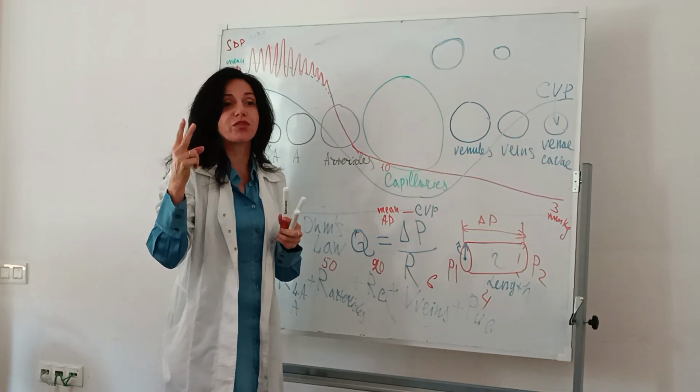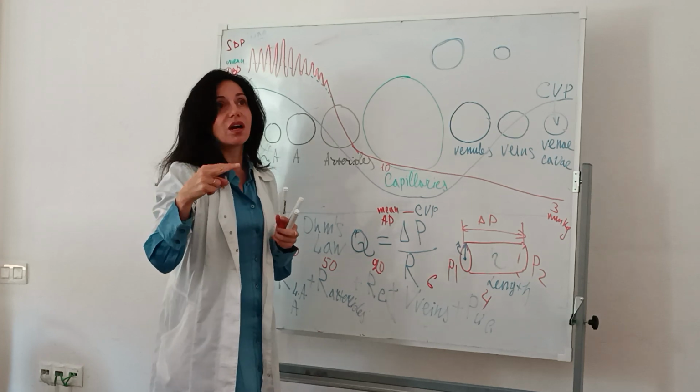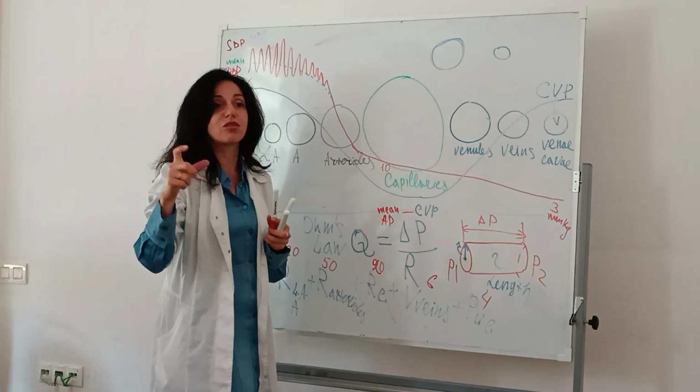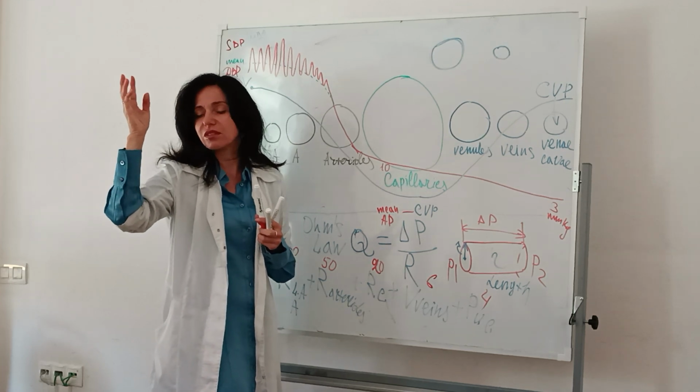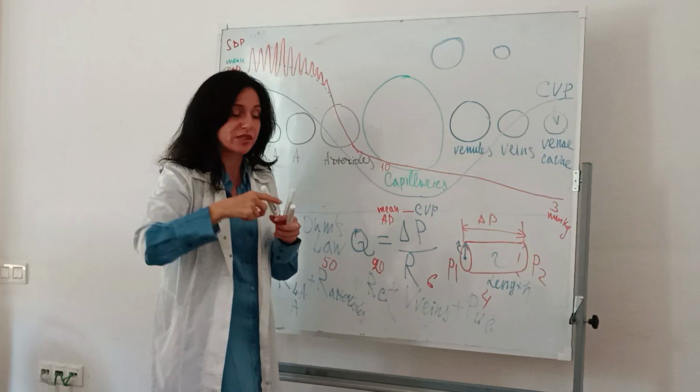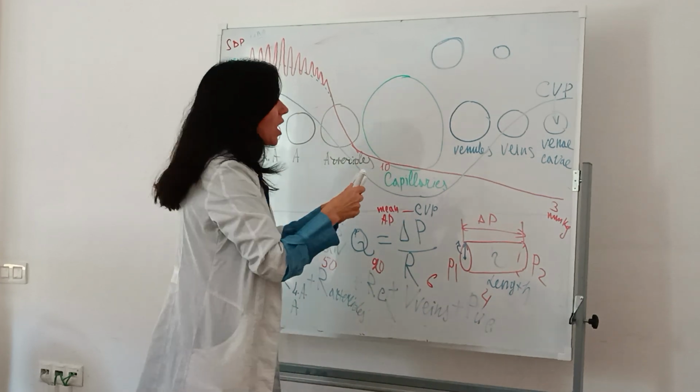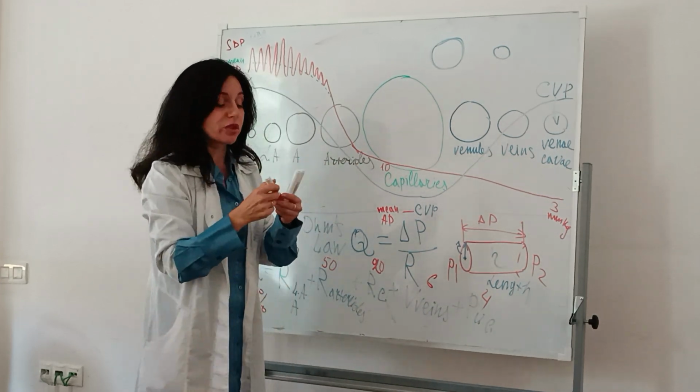Both blood vessels have three layers: endothelium, tunica intima, tunica media, and tunica externa, the adventitia. But I'm talking about tunica media.